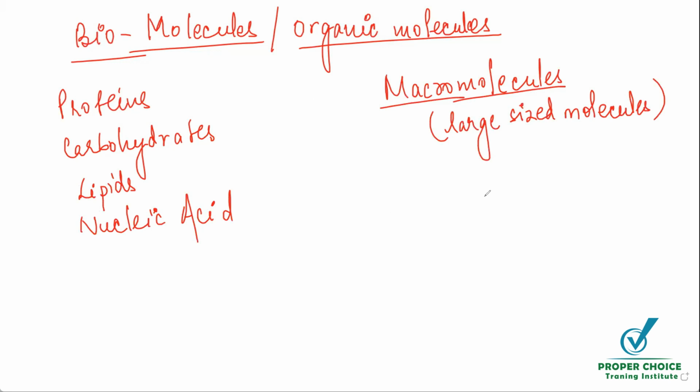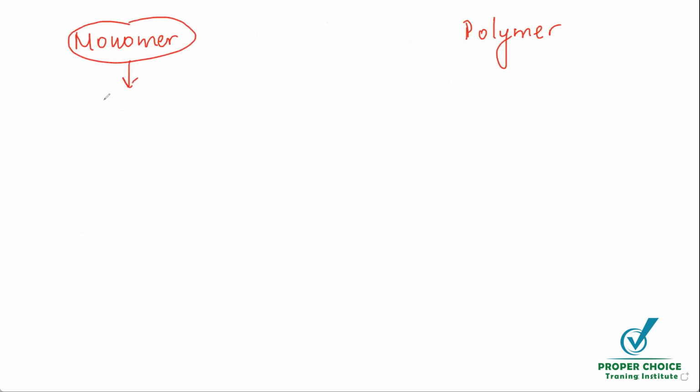Okay, now the very first thing is, do you know what monomer and polymer is? Have you ever heard of this name, monomer and polymer? Mono is like single and poly is like many. Correct. So monomer means a single unit.